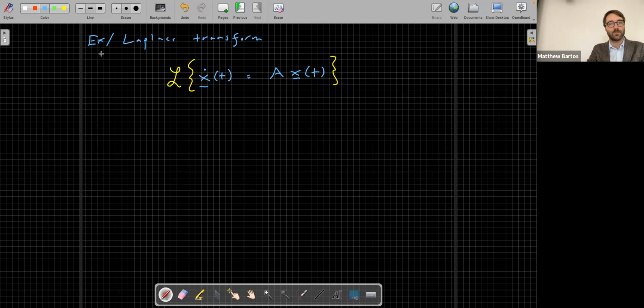So what will this left-hand side become if we take the Laplace transform? Yeah, so we'll have s X of s minus x at time 0, right? And then on the right-hand side, we'll just have A times X of s, right?